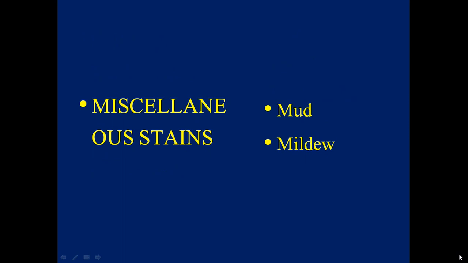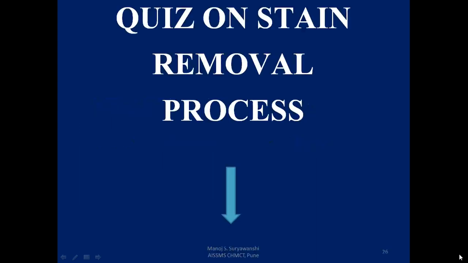Then miscellaneous stains, mud or mildew, which are found on many cloths, and many people come in contact with such stains, so they should know how to remove them. So these are all the processes about how to remove stubborn stains, fresh stains, and old stains, and how to follow all the procedures.